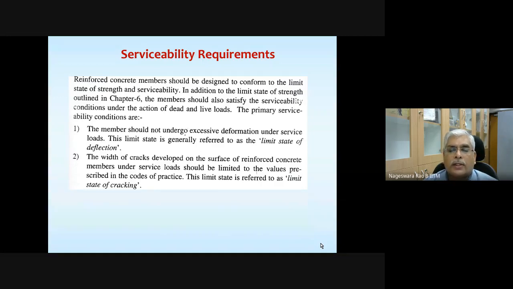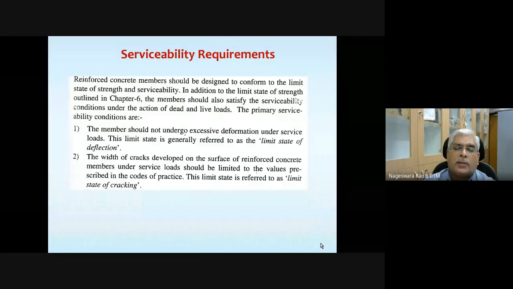To make sure the deflections are within the limit, there are two ways of doing it. One is you take care of L/D ratio, effective span to depth ratio. We'll see in today's class some problems on how to solve using the empirical method I showed you yesterday, which is given in pages 37, 38, 39 of IS 456. Or you calculate the exact value of deflection using NXRC procedure.